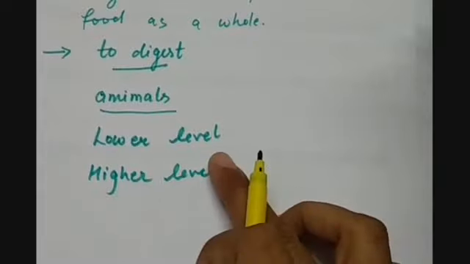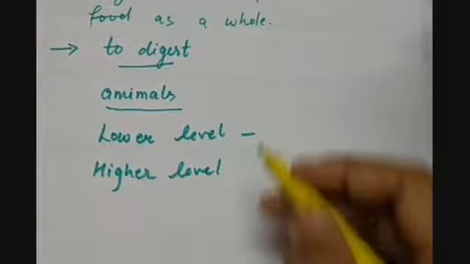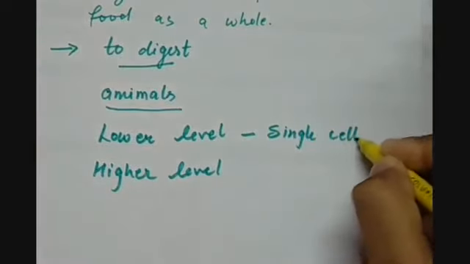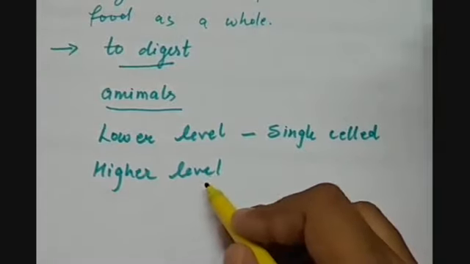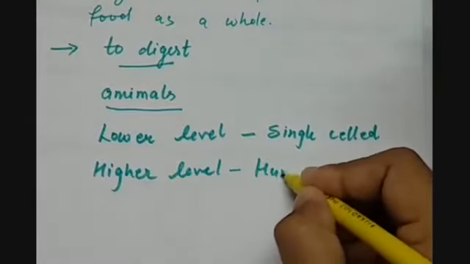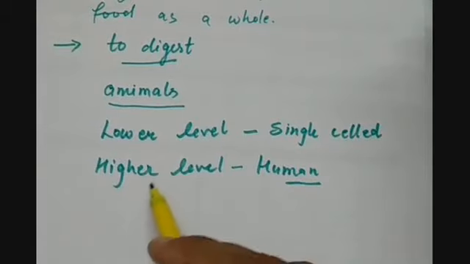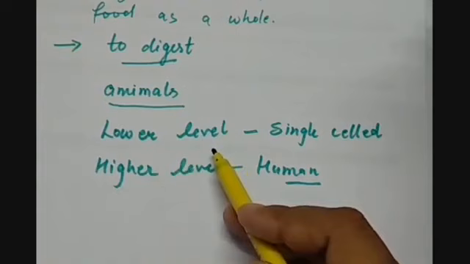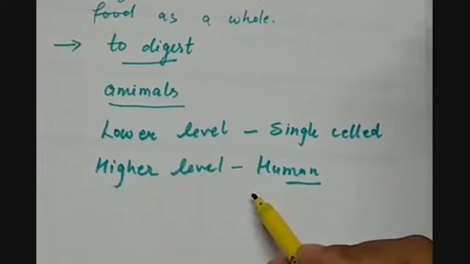Lower level animals can be any single celled organism, whereas the higher level organisms are well-organized structures like humans. So let us have the example of lower level animal here in this lecture, part 1. And in part 2, we will discuss the higher level organisms like human beings.